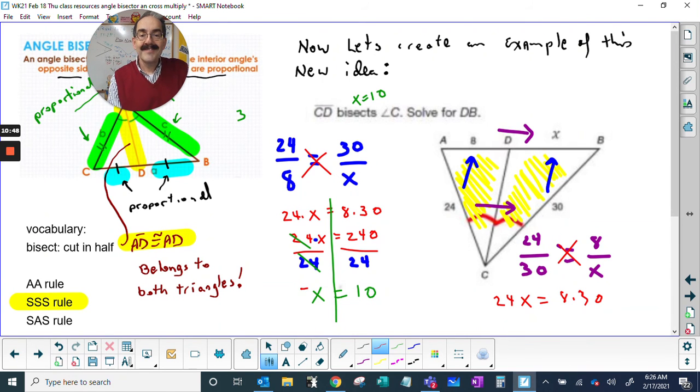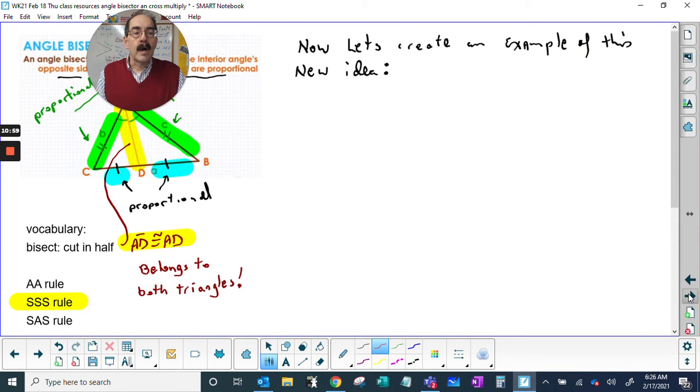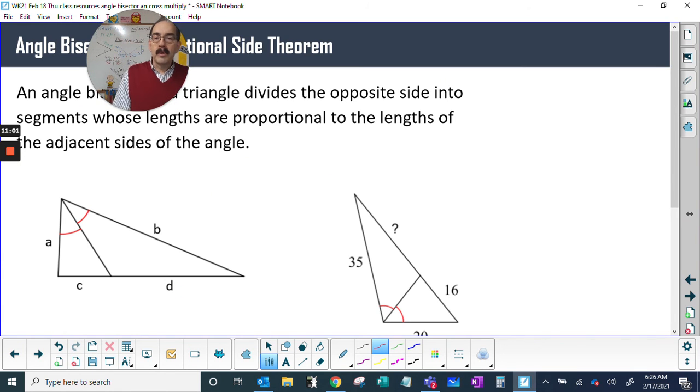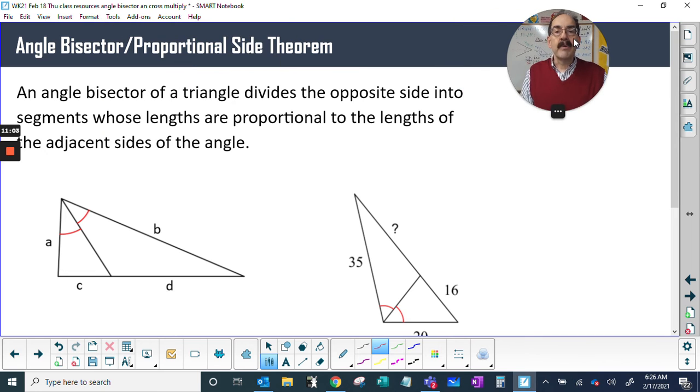All right? Okay, in class, we made up one and tried it. Okay, now let's move on and try a real world one. Okay, so let's just see what we got here. An angle bisector of a triangle divides the opposite side into segments whose lengths are proportional to the lengths of the adjacent sides.